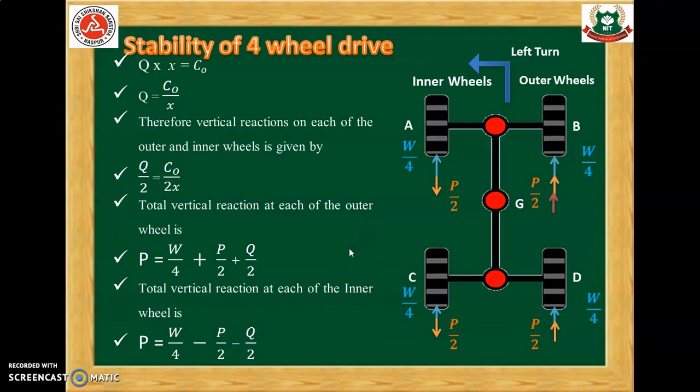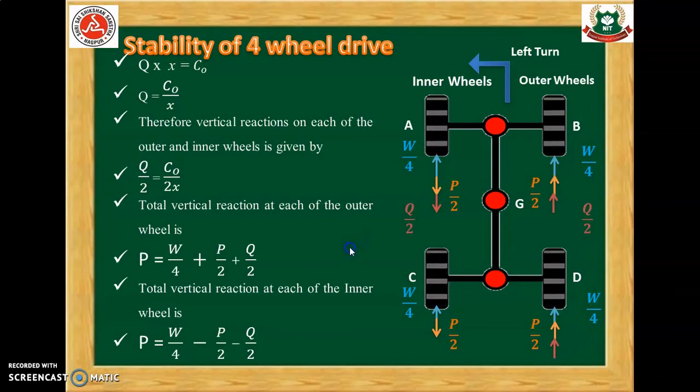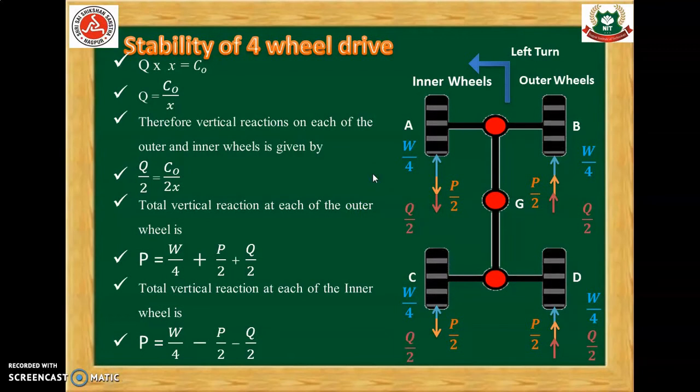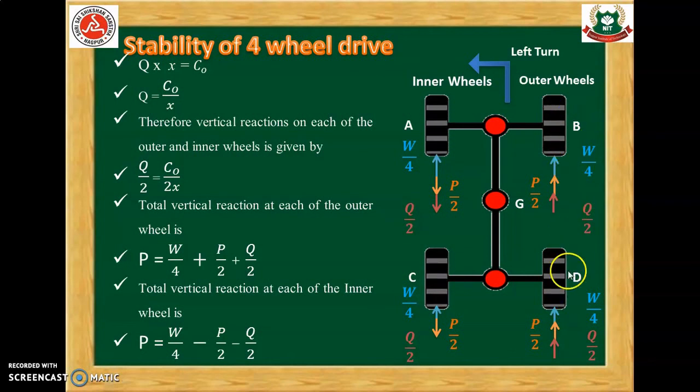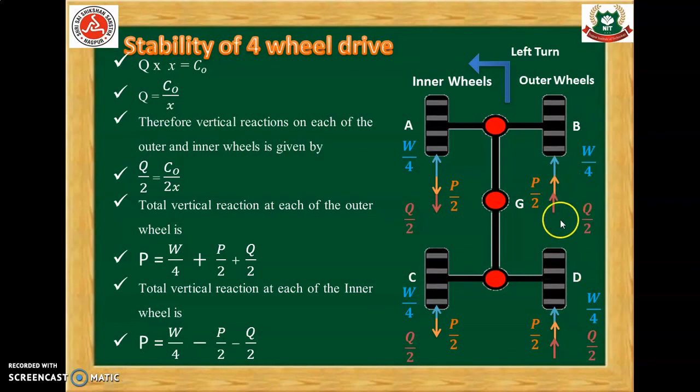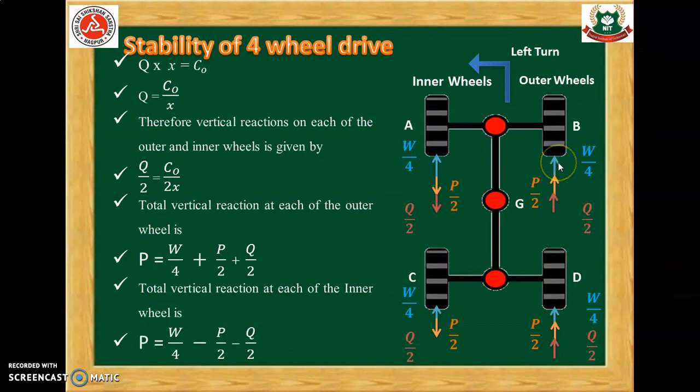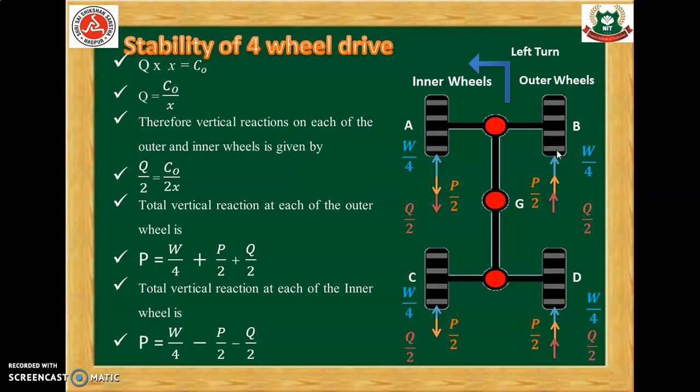Now here in the diagram you can see the Q by 2 is acting in the upward direction on the outer wheels and it is acting in the downward direction on the inner wheels. So if you see the outer wheels, both B and D, all the forces are acting in the upward direction, means all the forces are acting in the same direction. That's why we have just done the addition of all these three forces.